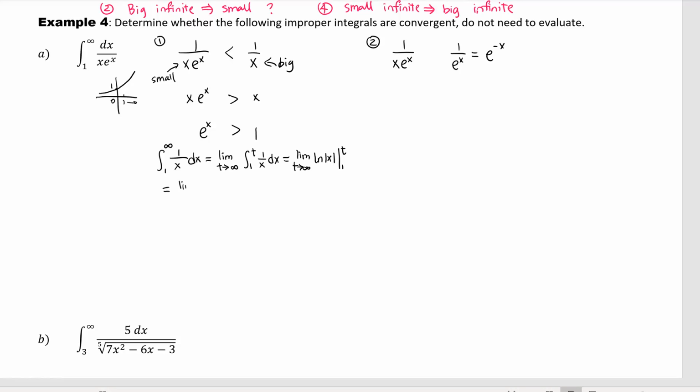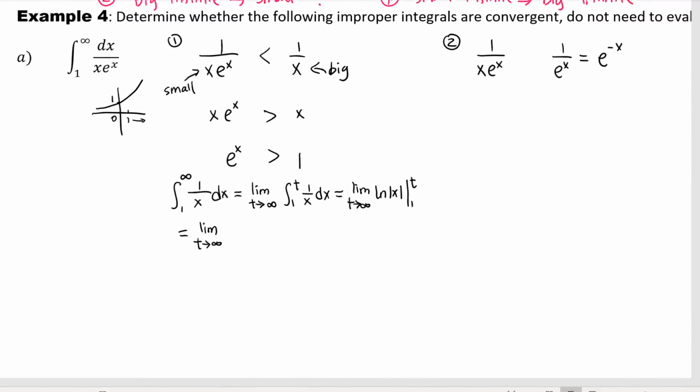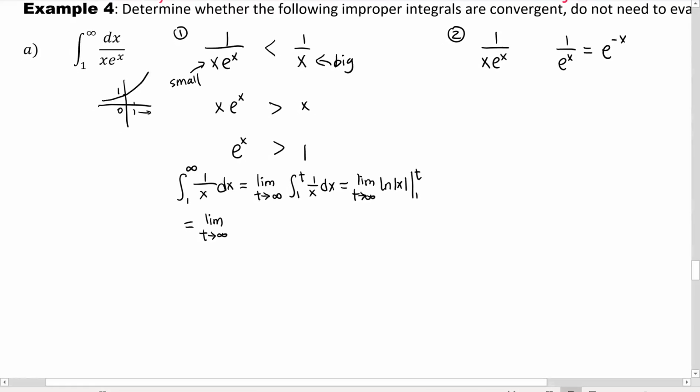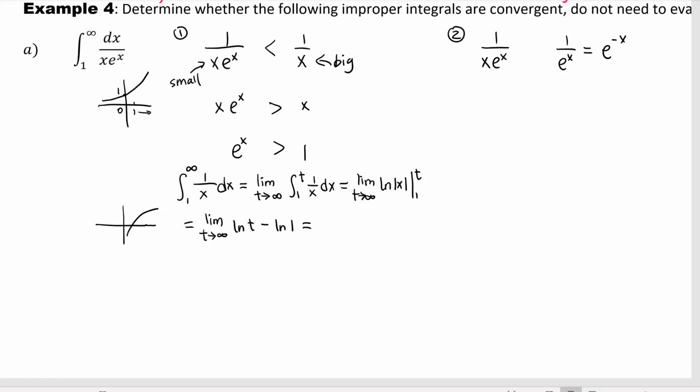So we plug in t, right? ln of t minus we plug in 1. But when t goes to infinity, ln of t goes to infinity. Oh my goodness. The big guy is infinite.